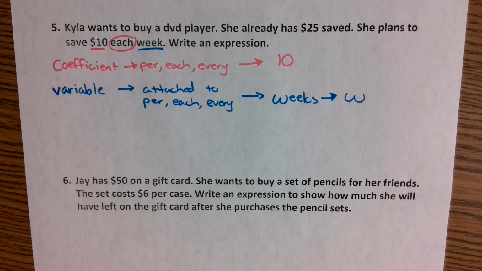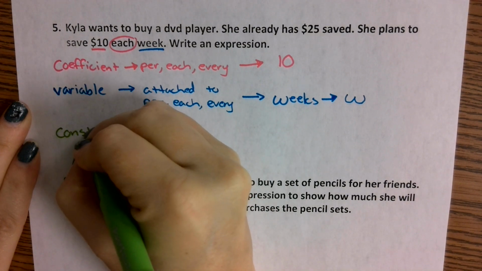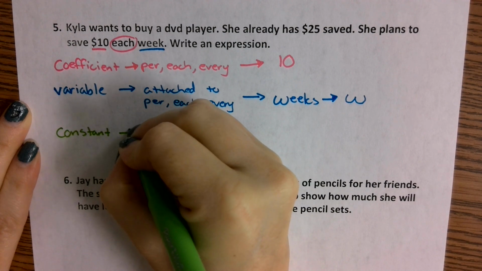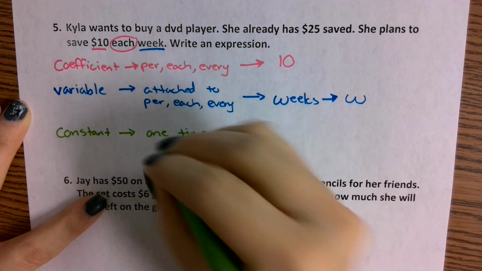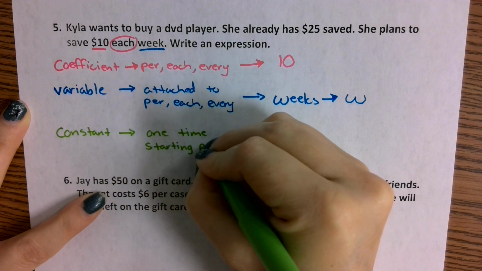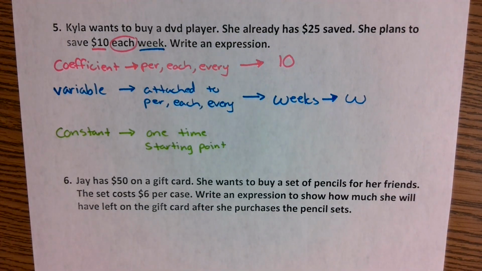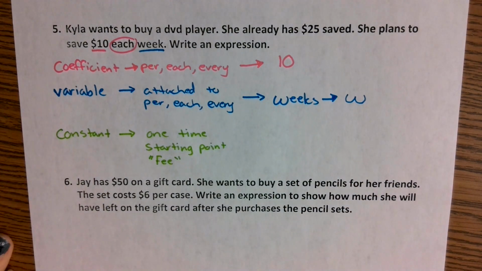All right. Our constant. When you're identifying a constant, that's a one-time value. It's a starting point. It might be like a fee of some type of value. We look for something that you already are starting with.